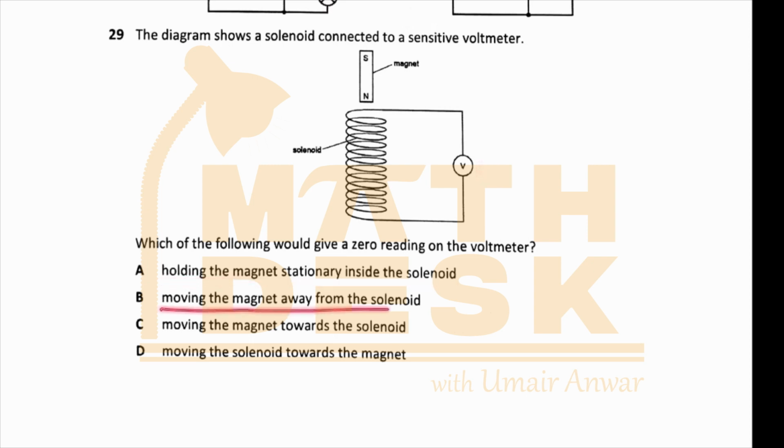Moving the magnet away from the solenoid would induce EMF, so it cannot be zero. Moving the magnet towards the solenoid, again it cannot be zero. Moving the solenoid towards the magnet. Whenever there is relative movement, the EMF is induced, but whenever the solenoid and the magnet both are stationary, there is no EMF induced.